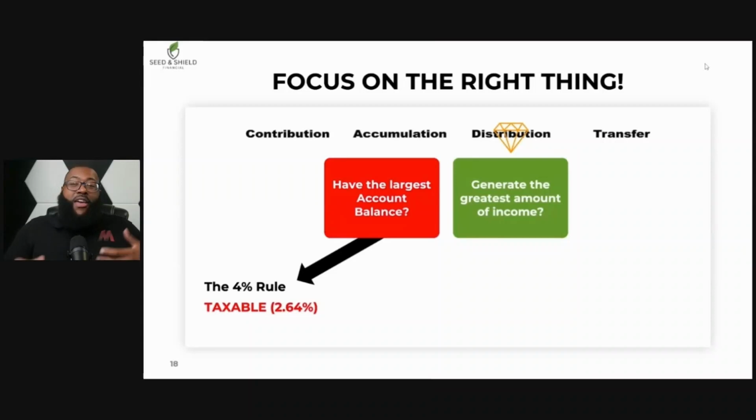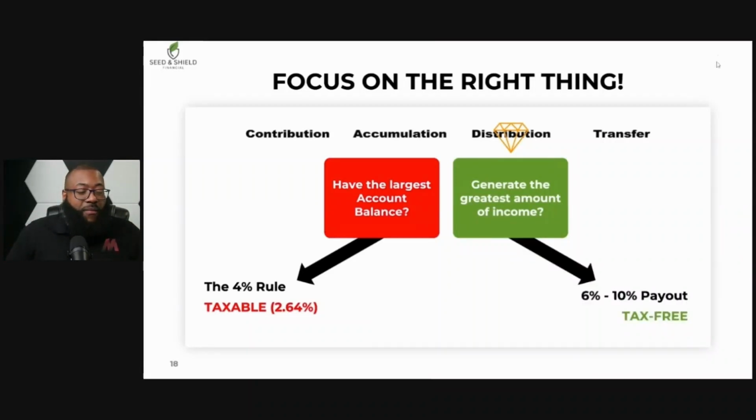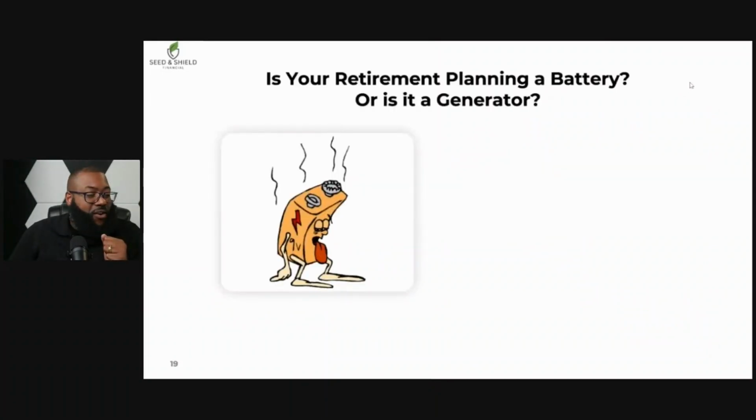Whereas the goal is to generate as much income over time as possible, and you'd like to access even more of that money, which would probably be more like a 6 to 10% payout, and that would be tax-free if you have an IUL. So do you want to live off 2.64% of your money, or would you rather be able to comfortably pull out 6% or even up to 10% of your money tax-free in an IUL? I think the answer is pretty clear, okay?